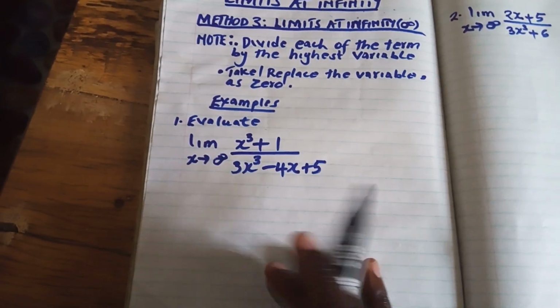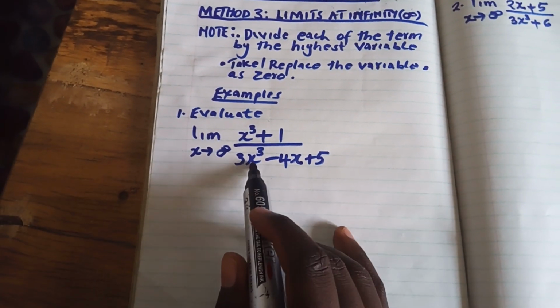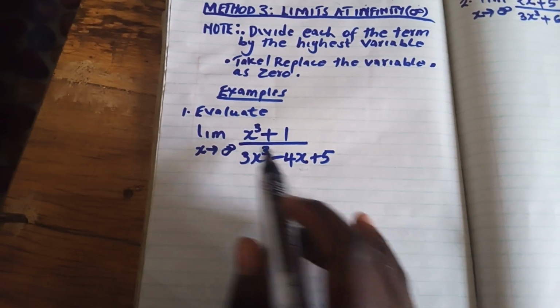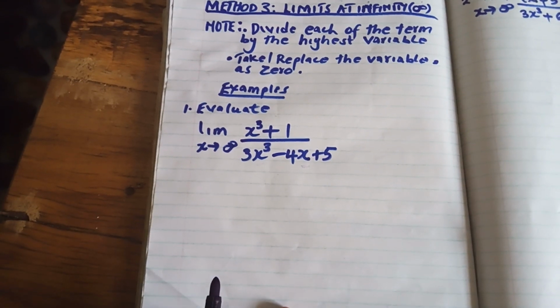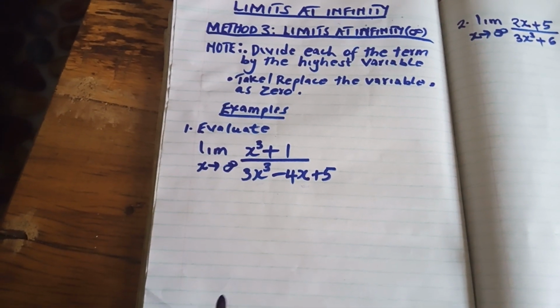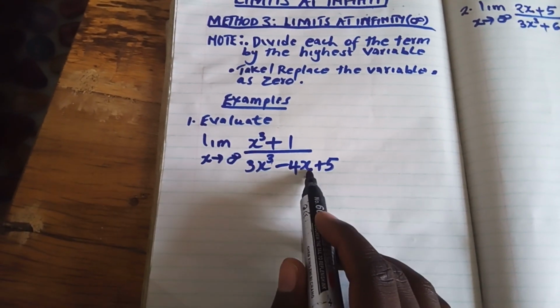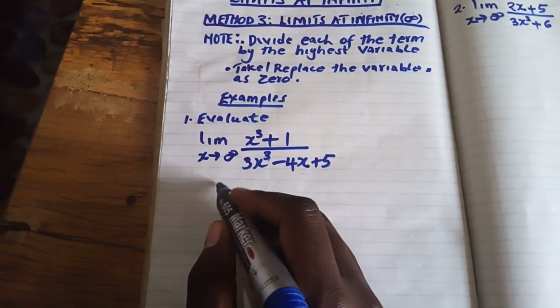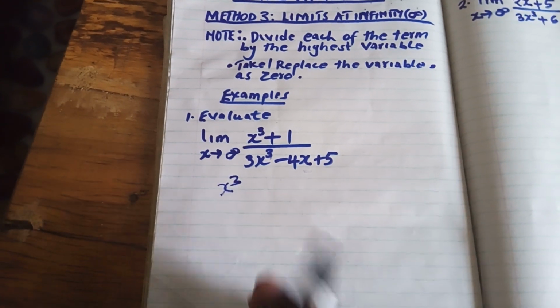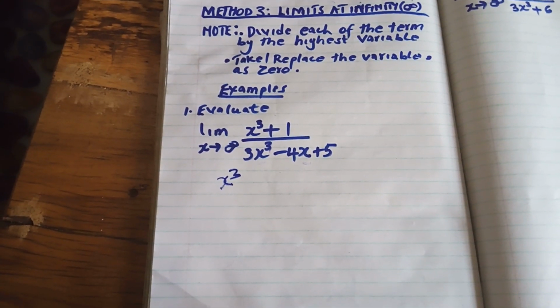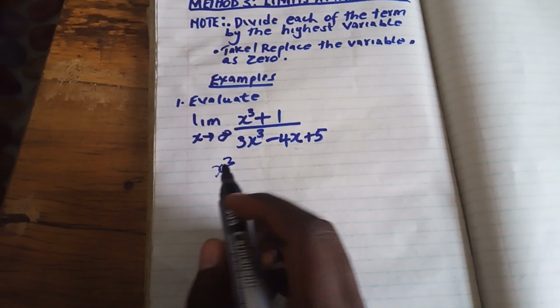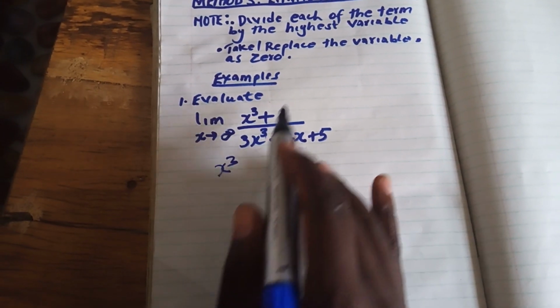What is the highest variable here? We look at the powers of x, those are the ones that are going to give us the limits at infinity. We have x raised to power 3, and this power 1. So our highest variable is x cubed. Then we divide both sides by x cubed.